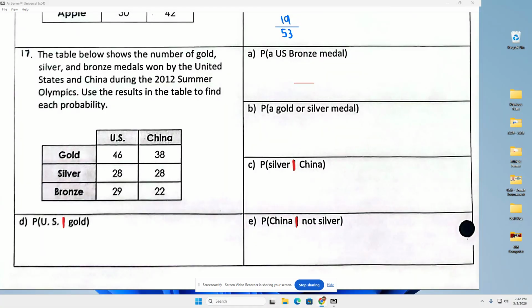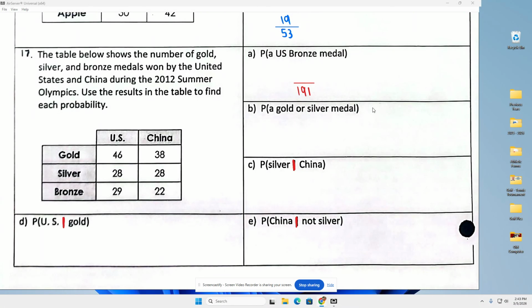So I have to tally all that up. I know it'll take a second, but tally up all these numbers: 46 plus 38 plus 28 plus 28 plus 29 plus 22. You get 191. 191 is my big number, everybody.